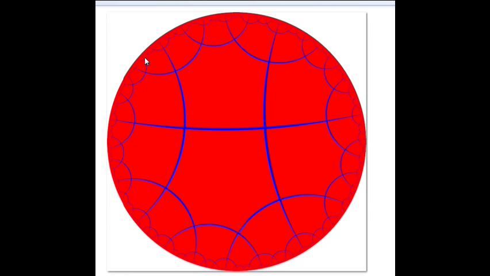So basically there's an infinite number of different tessellations of the hyperbolic plane, and the more holes a surface has, the more genus it has, in a way, the more hyperbolic it is.